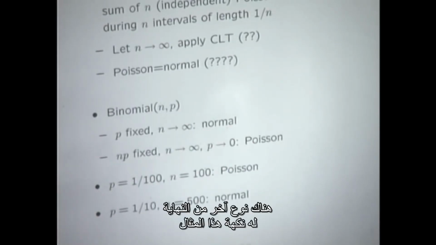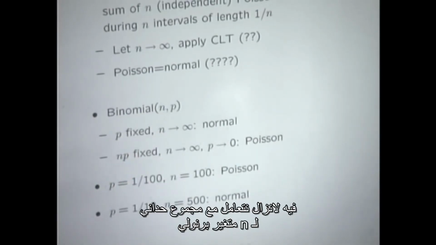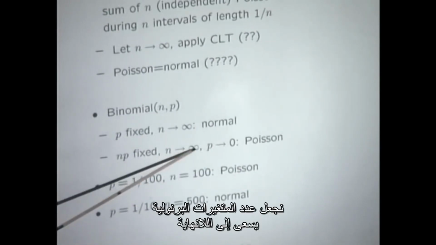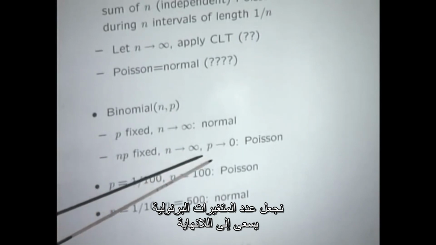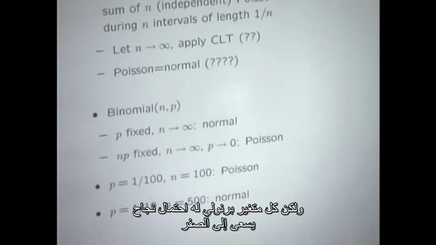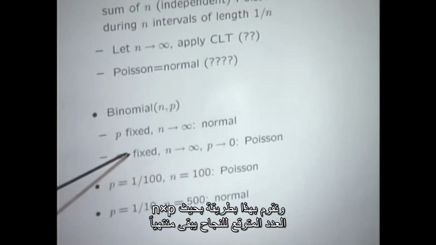There's another sort of limit which has the flavor of this example, in which we still deal with a binomial, a sum of n Bernoullis. We let the number of the Bernoullis go to infinity, but each Bernoulli has a probability of success that goes to 0, and we do this in a way so that np, the expected number of successes, stays finite.